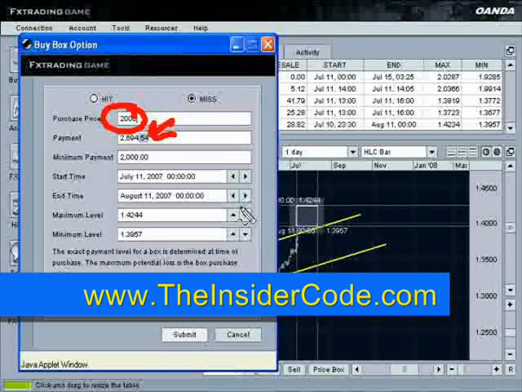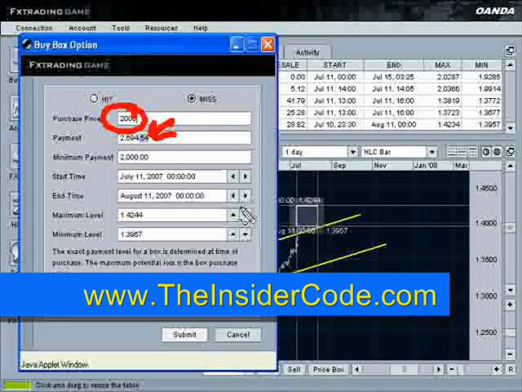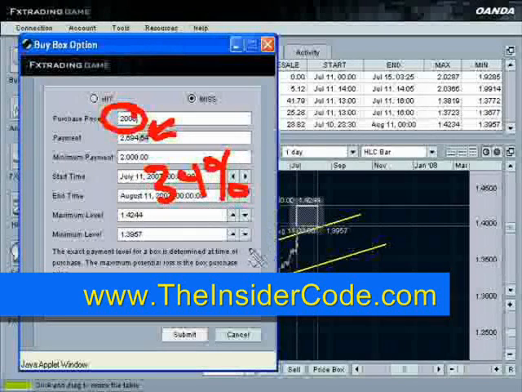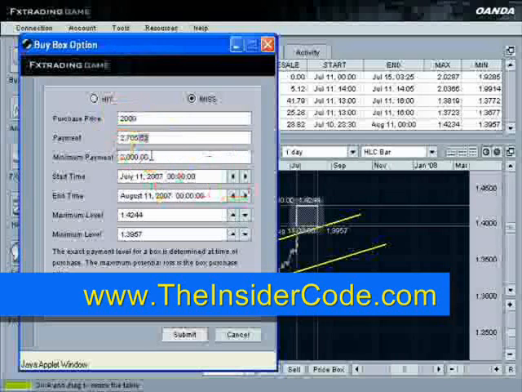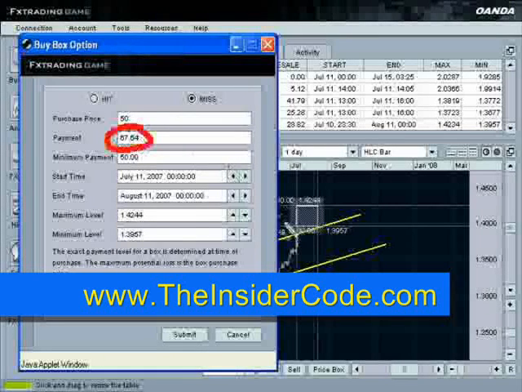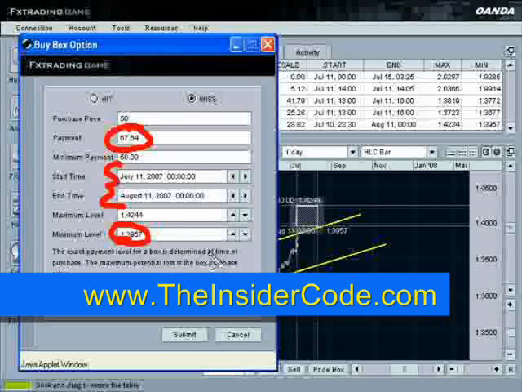So you divide that by our original investment of 2,000, 34%. Okay, so you get the same return, but the dollar amount is bigger. But this is still something that you can make 34% on your money with $50. Okay? As long as the euro stays below 39.57 from July 11th to August 11th.